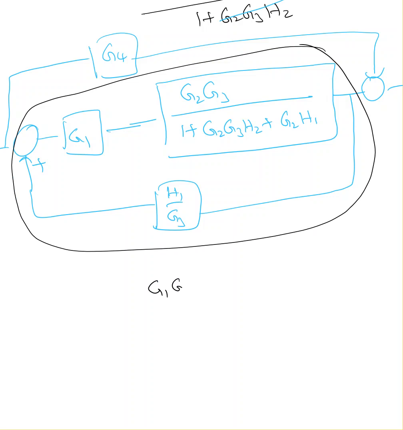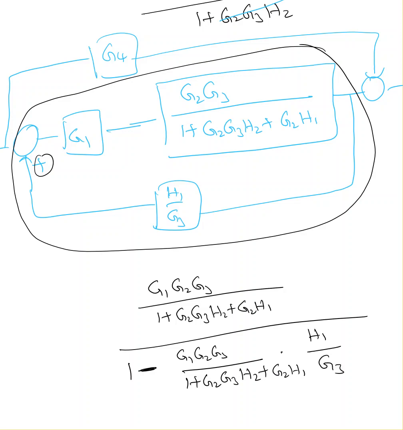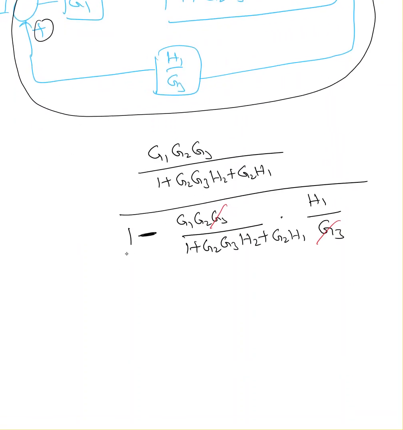That's going to be Z1 Z2 Z3 over 1 plus Z2 Z3 H2 plus Z2 H1, over, since I have plus here, I will end up with minus, 1 minus that whole thing, Z1 Z2 Z3 over 1 plus Z2 Z3 H2 plus Z2 H1 times H1 over Z3. Now you can clearly see these two get cancelled out, and at the same time I'll do the LCM, so this whole thing is going to come over here.